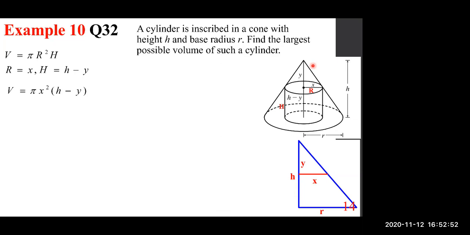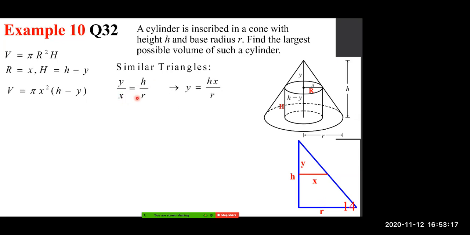So if this height is y, the ratio of y to x, okay, is the ratio of the height h to r. Similar figures. Why are we doing that? Because we want to solve for y. To solve for y, multiply both sides by x. And now we can replace it here and it becomes a function of x and x only, everybody.